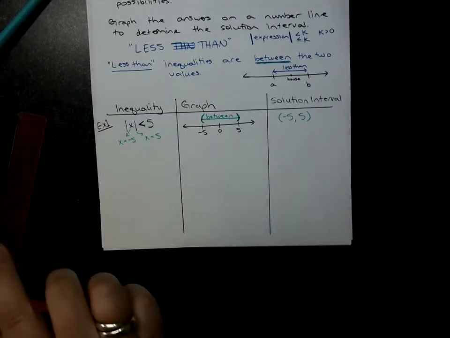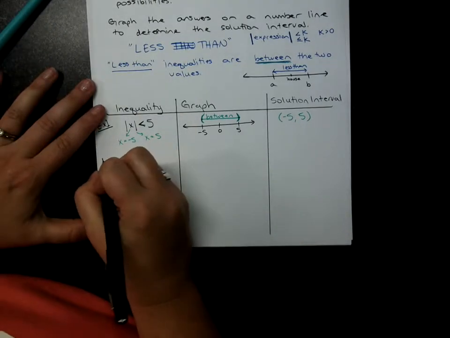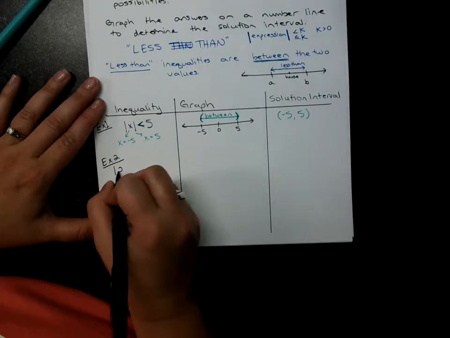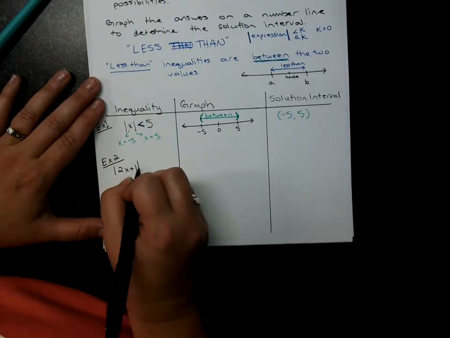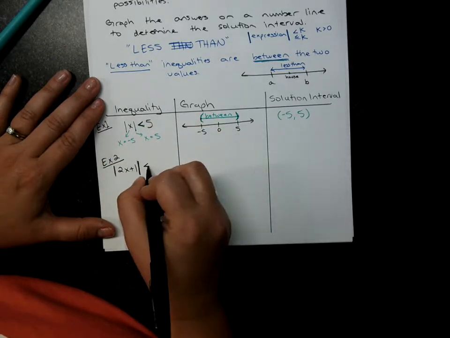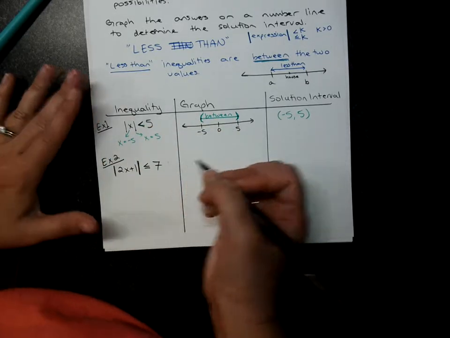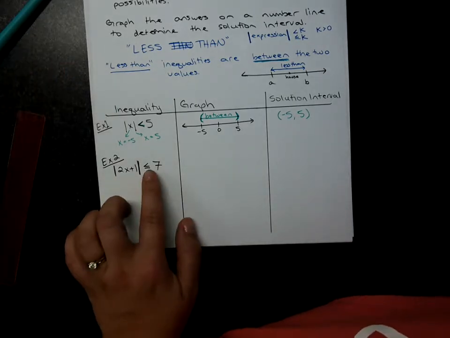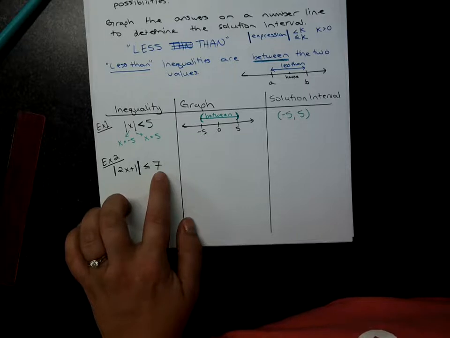So let's try another example here. If I have the absolute value of 2x plus 1 in those absolute value bars is less than or equal to 7. So you have an expression inside the absolute value bars, less than or equal to some number.